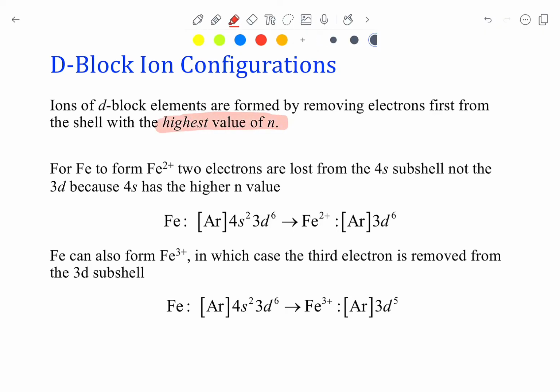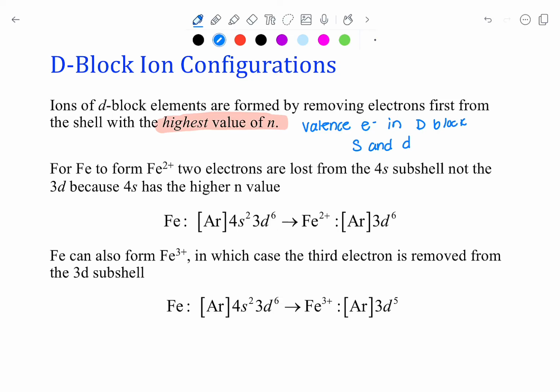Okay, so the comment that I want to make is we have to remember that valence electrons in d block elements, which is our transition metals, so those center metals on our periodic table, the valence electrons in d block come from the s and the d.